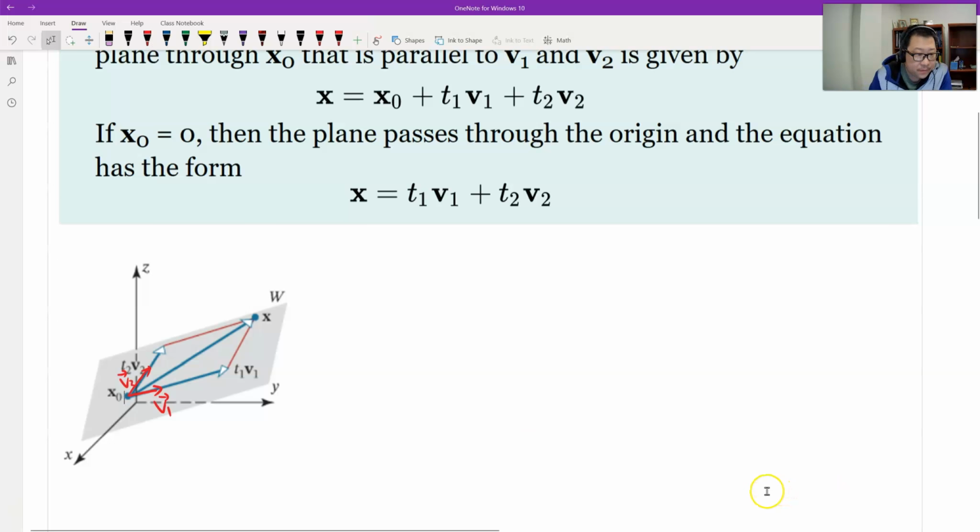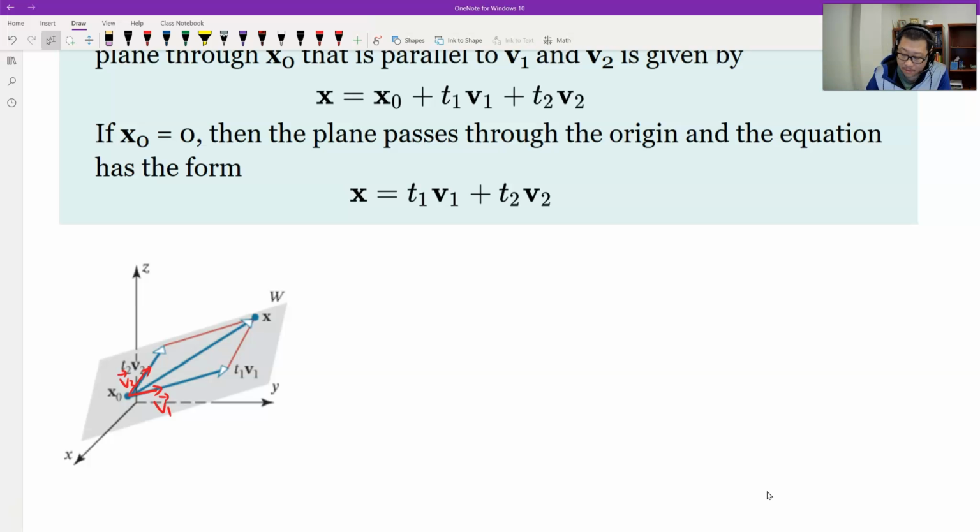Imagine now, of course, a point and two vectors, because the two vectors are not parallel and they go through this x0, just after a shift. Definitely they form a unique plane, no problem, right?